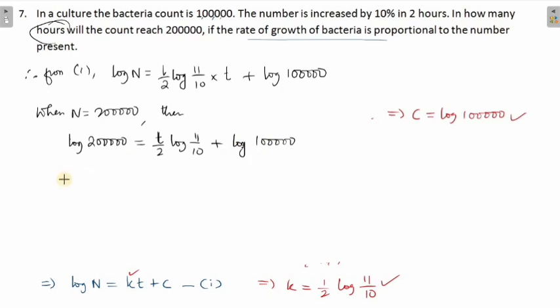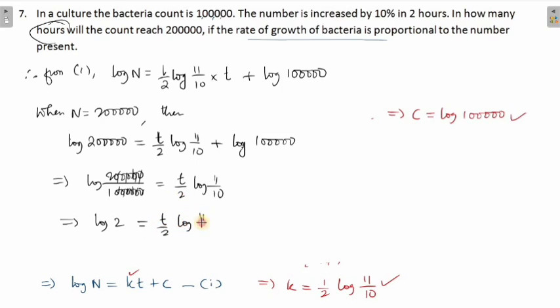Again bring it out here, so you get log 2 lakh by 1 lakh is equal to t by 2 log 11 by 10. All the zeros will get cancelled, so you get only log 2 out here, equal to t by 2 log 11 by 10.